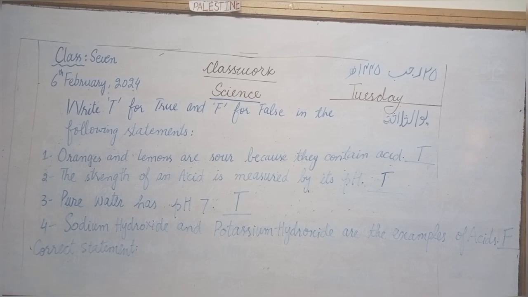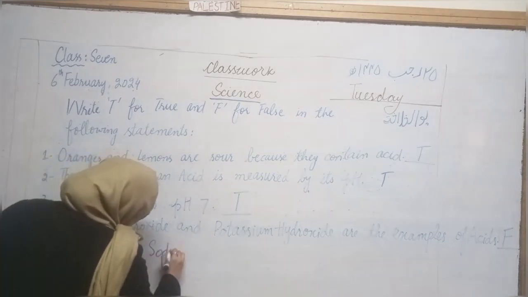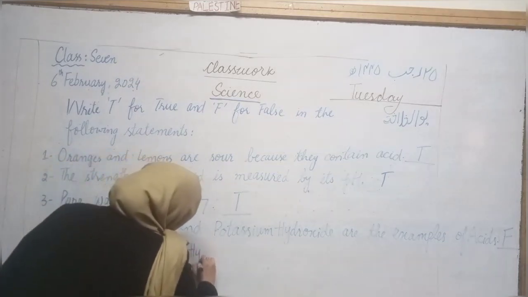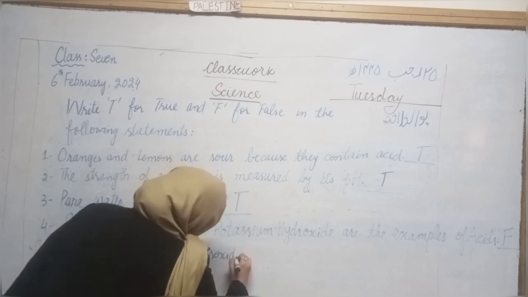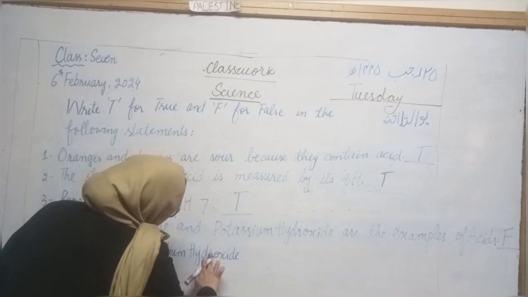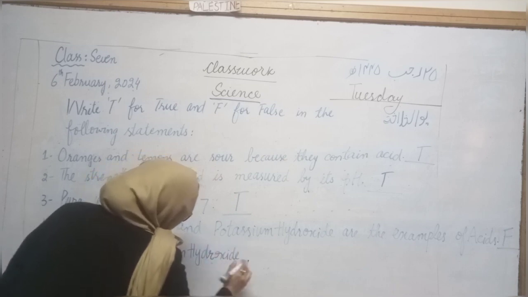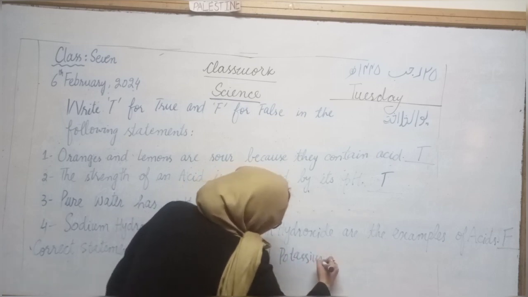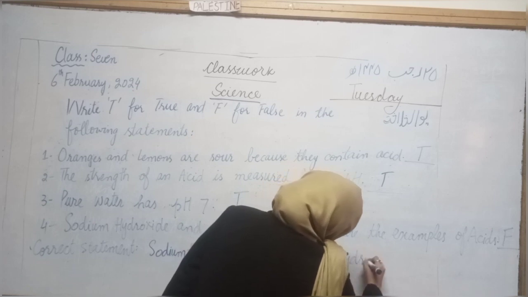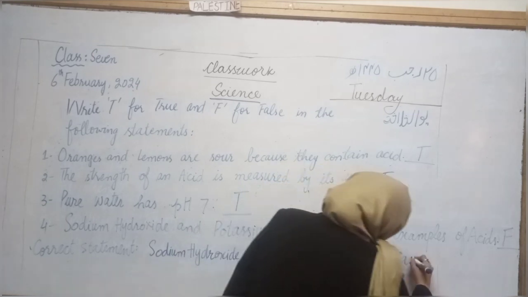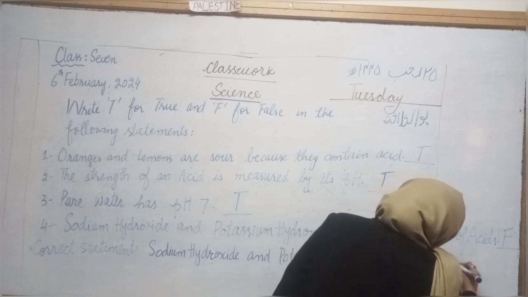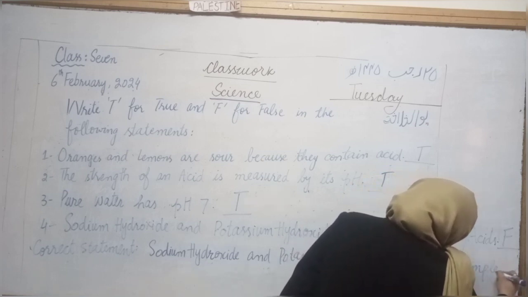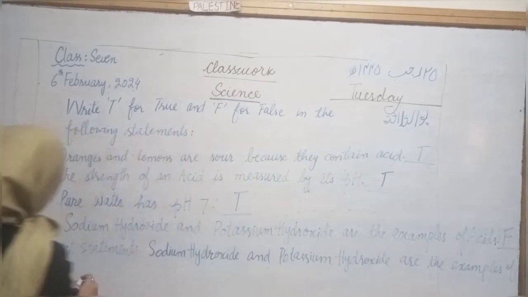Sodium hydroxide and potassium hydroxide are the examples of alkalis. You need to write the whole statement.